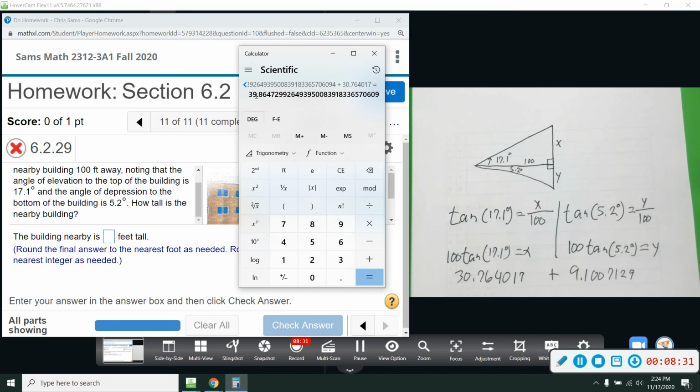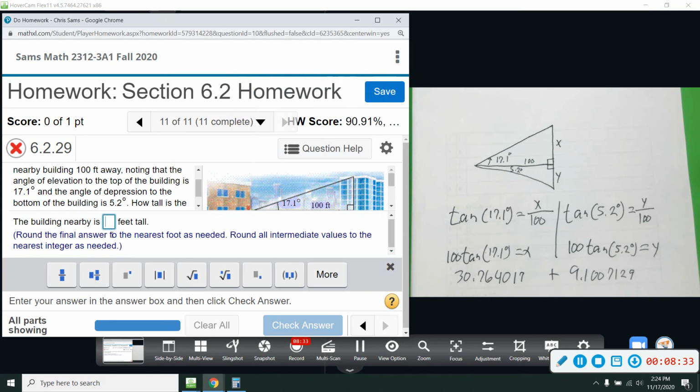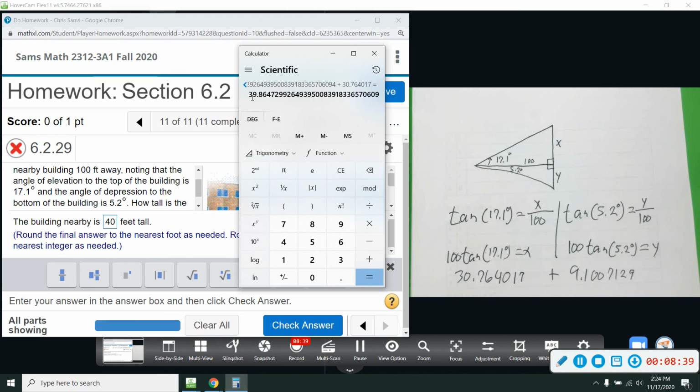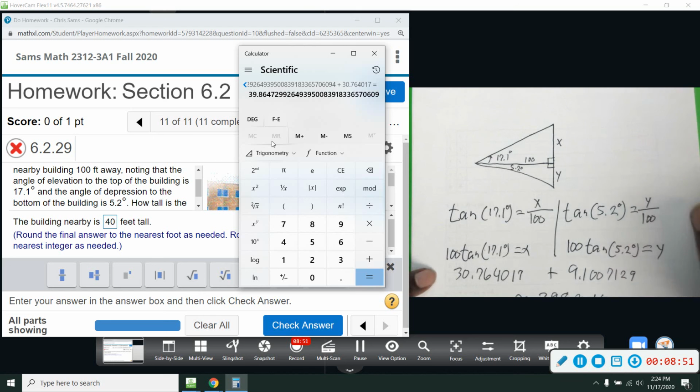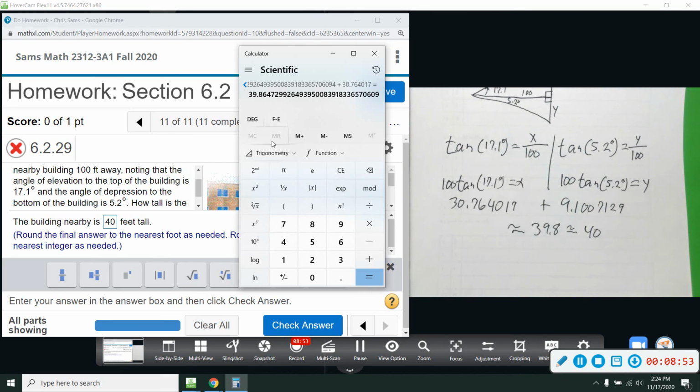Whole number will be about 40 feet high. So rounding that, let me make sure. 39.8, and that'll round up to about 40 feet, because we're on a whole number. Sorry, I can't see what I'm writing down there. 39.8, and that rounds to about 40 feet as a whole number.